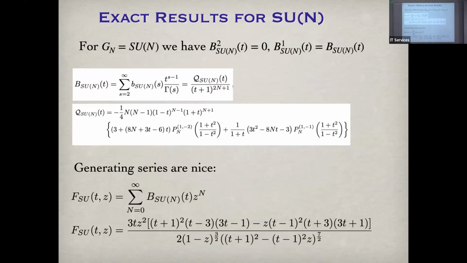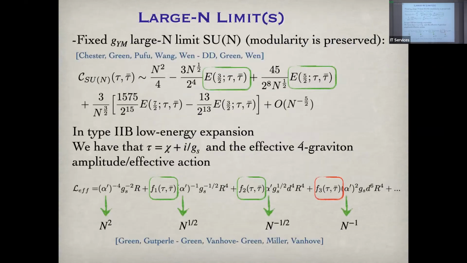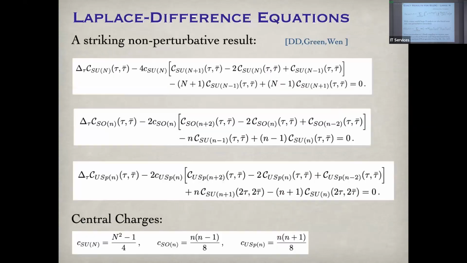Jacobi polynomials satisfy a three term recursion relation. What we have found is that the correlator satisfies this intriguing Laplace equation, where you get the Laplacian with respect to tau acting on the SU(N) correlator relates to the SU(N+1), the SU(N), and the SU(N-1) correlator. And very similar equations for the SO and the USp.